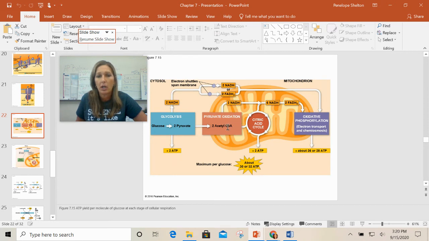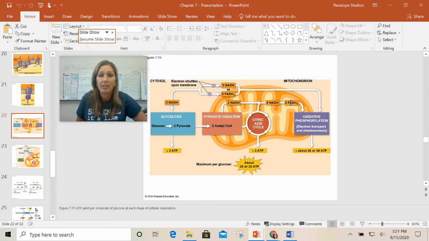My 2 acetyl-CoAs enter the citric acid cycle and are fully oxidized. I also generate 2 ATPs through substrate level phosphorylation again. These events are both happening inside the mitochondrial matrix. Carbon dioxide is also a waste product in the citric acid cycle. Remember, carbon dioxide and oxygen easily diffuse in and out of every membrane, so it diffuses out and we breathe out that carbon dioxide.